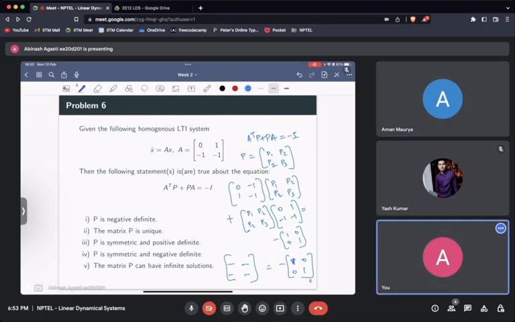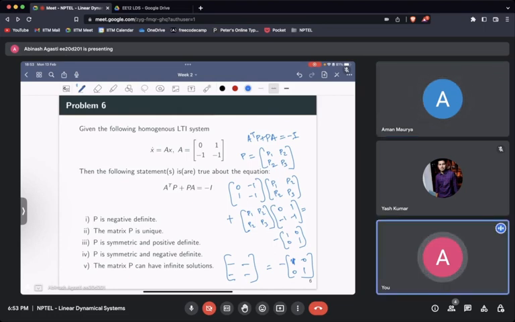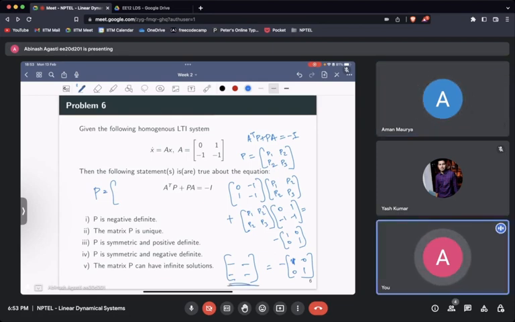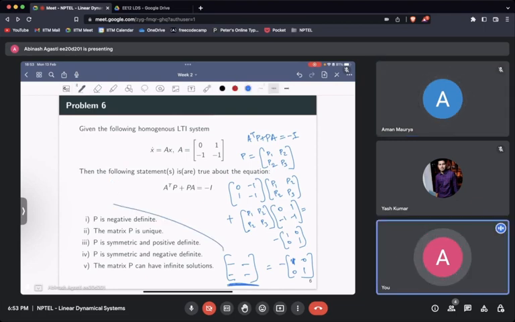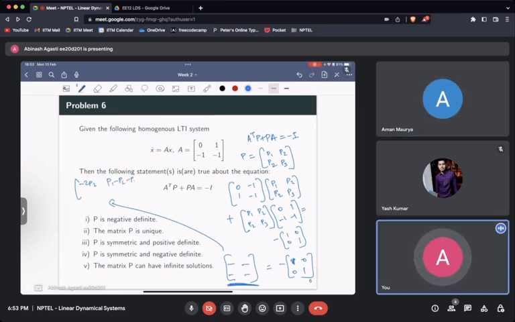Yes, minus 2. Sorry, what is the p you get? P is equal to. Okay, you are saying this about this matrix? Okay, one minute. So this is minus 2p2, p1 minus p2 minus p3.